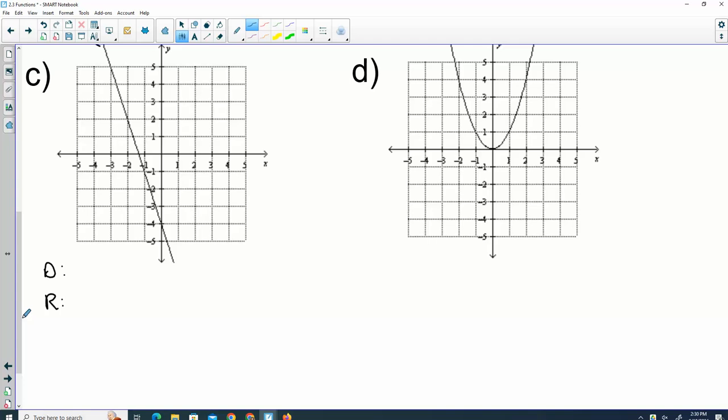So C. Domain, as you go from left to right, it's going forever in the negative direction, it's going forever in the positive direction. What's our domain? Range, bottom to top. It's going down forever and going up forever, so what do we hit? D. Your domain.